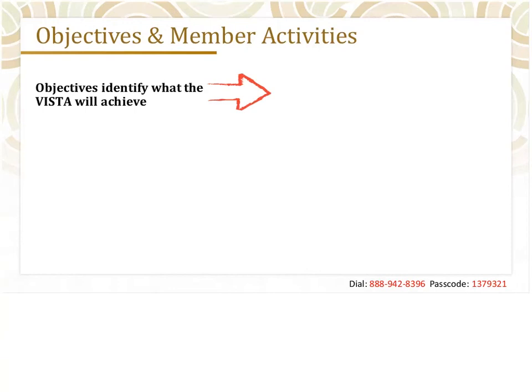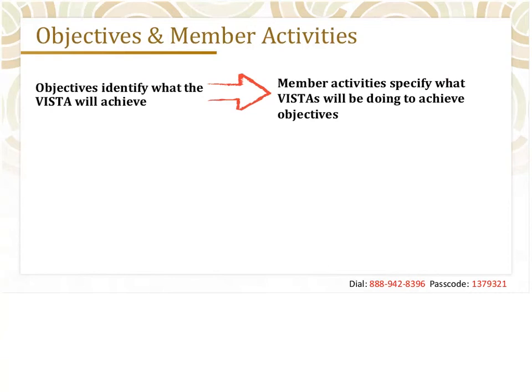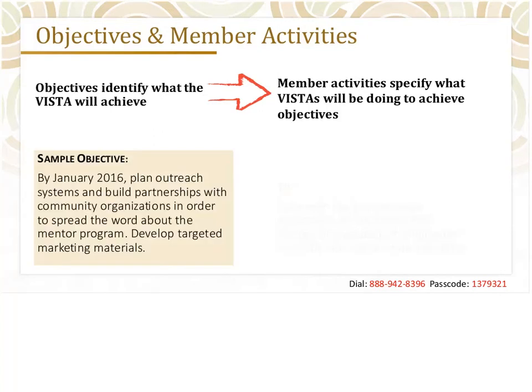And if I would have you go ahead, Andy, and just do another click on here. When we write good objectives, they'll tie in directly to our member activities, which will be specifying the particulars of what it is that VISTAs are going to be doing to achieve the objectives. So we have the bigger project goal, the smaller milestones along the way, which are the objectives, and then the particular steps that actually show up for our member activities.